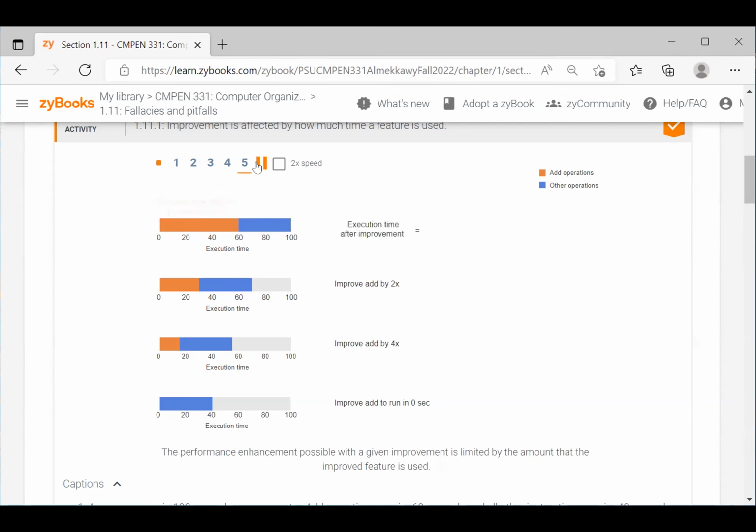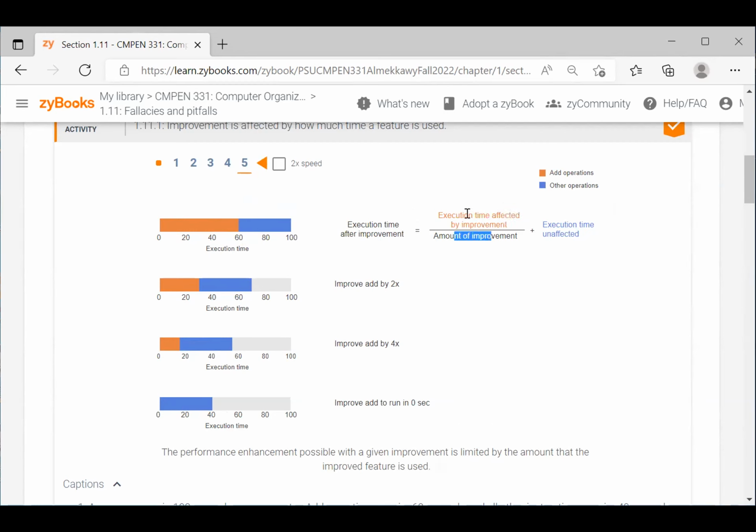Okay, so going back to Amdahl's law, the execution time after improvement, all of this, here is 70, here is 55, here again 55, 40, is the execution time unaffected. Usually the blue 40, 40, 40 is always there, plus the enhancement. The enhancement is the execution time before the improvement, which is 60, divided by the amount of improvement.